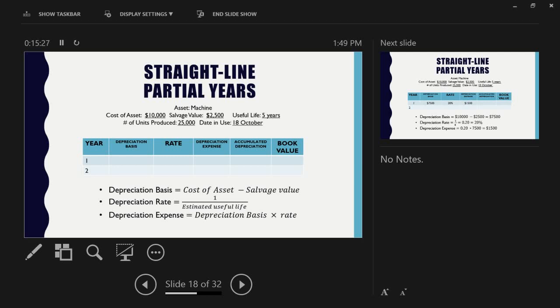The original cost, 10,000, minus the salvage value, gives you 7,500. Good. All right. What else?